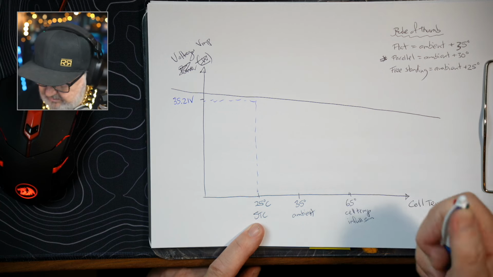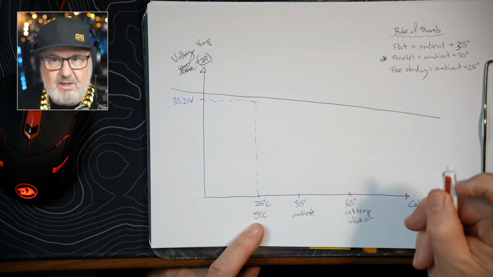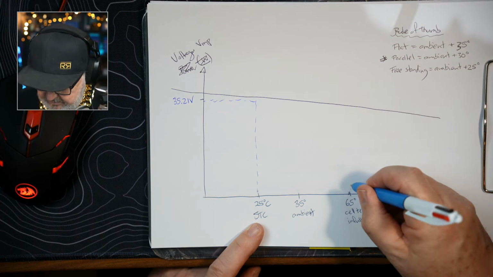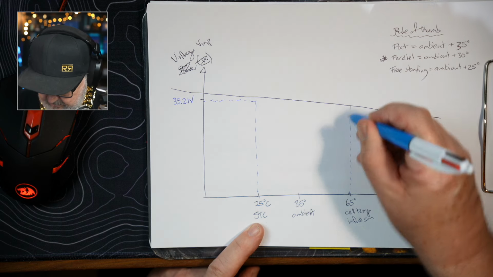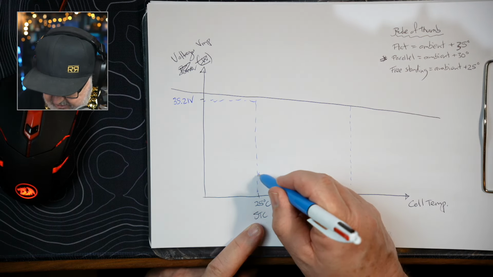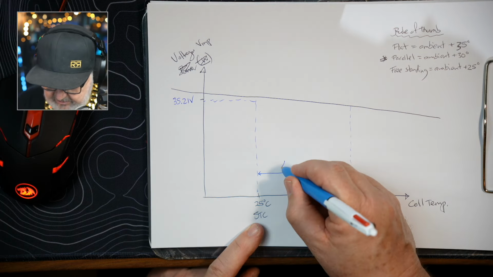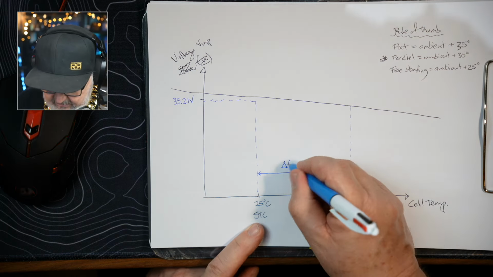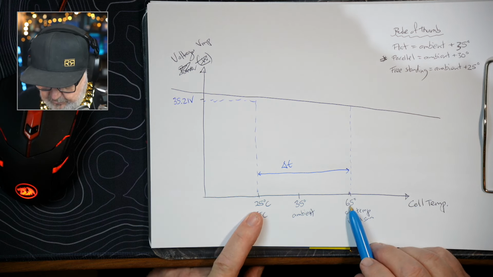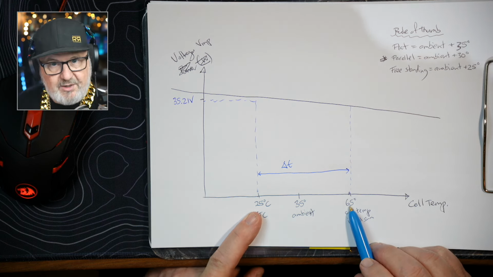So let's do the calculations on change in VMP, voltage at maximum power. So what we want to know is how much change from test conditions are we getting. So our delta T, once again, as you can see, it's 40 degrees of change, and it's a positive number.